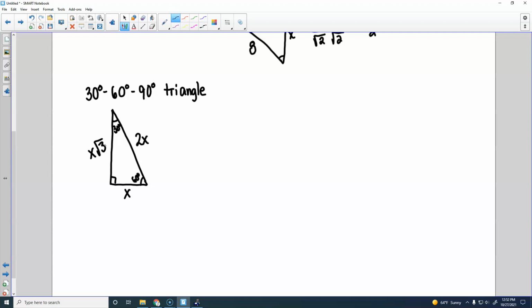So for example, if they give you this triangle here, they tell you this is 60 degrees, and they tell you that this is 4, and they ask for this side right here. If you know the shortcut, you just know x equals 8.